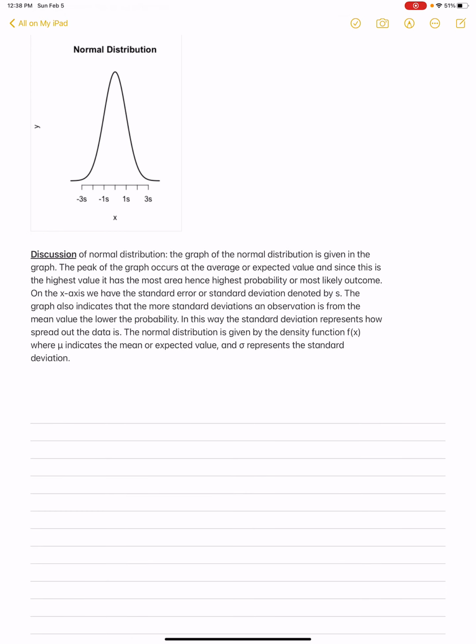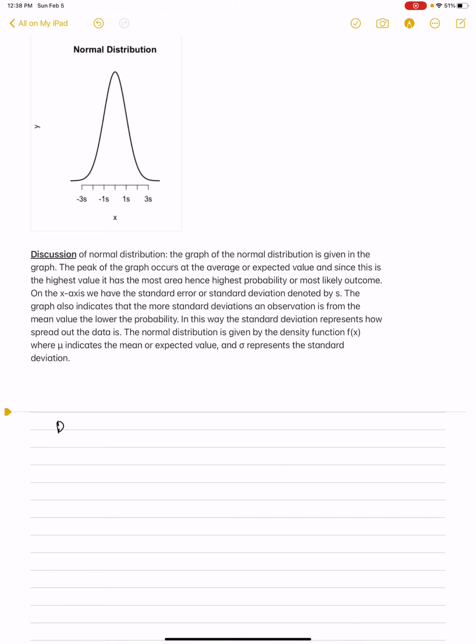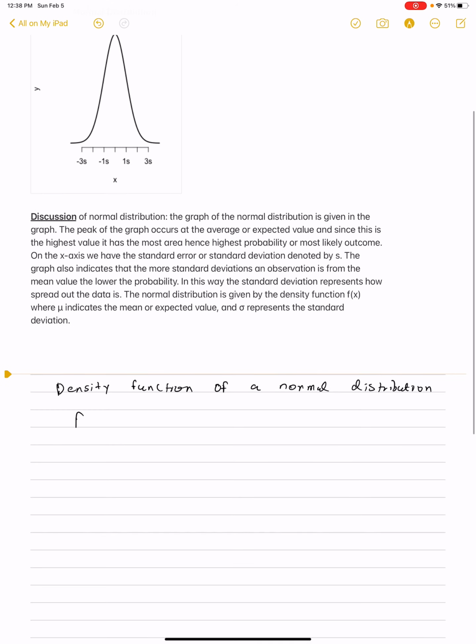Okay, so I want to just write down for you the density function of a normal. Here f of x is going to be 1 over root 2 pi sigma times e to the minus 1/2 times x minus mu over sigma squared.